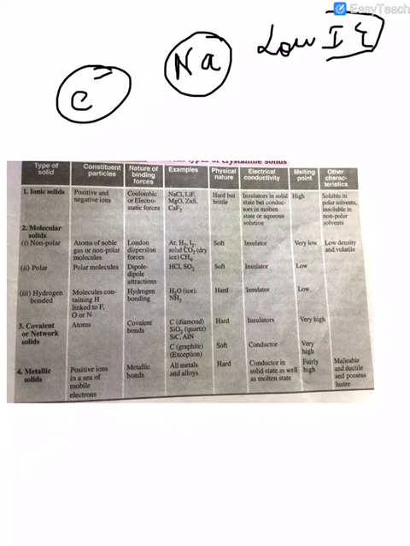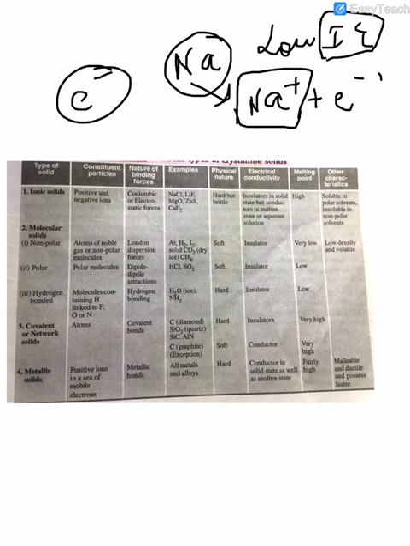As we know, ionization energy is defined as the energy required to remove the outermost valence electron from an isolated atom in its gaseous state, right? Since these are electropositive in nature, sodium can easily lose its one electron and exist as Na+, which we call the kernel, and one free electron, right?